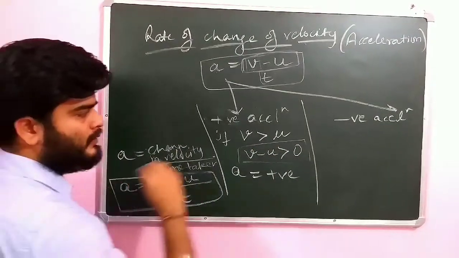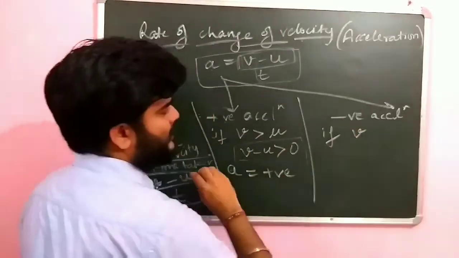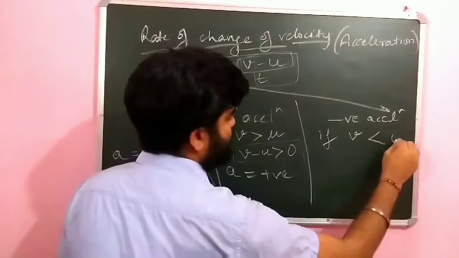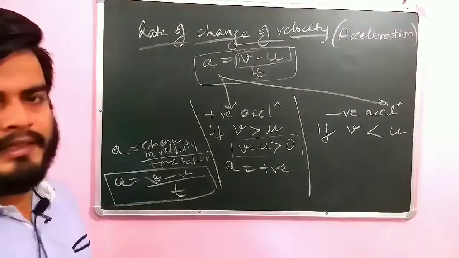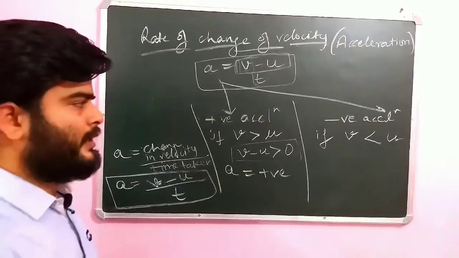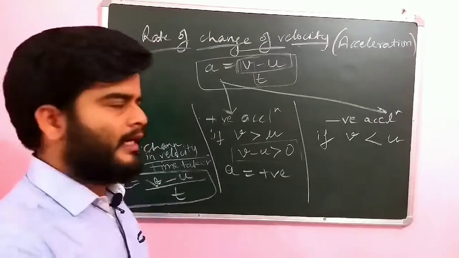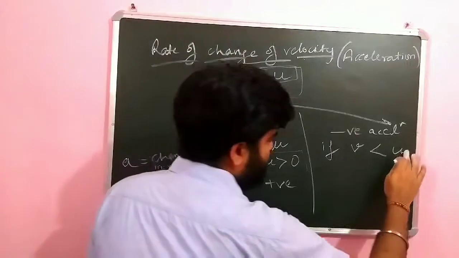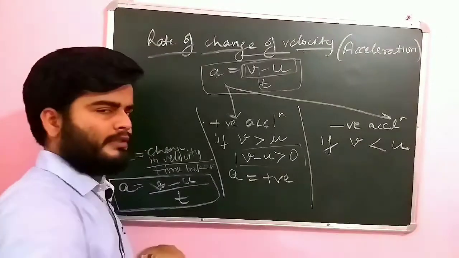And if v is less than u, it means, like when we apply brakes, a car is moving at a speed of, let's say, 60 kilometers per hour, and we apply the brakes and it reduces its speed from 60 kilometers per hour to 30 kilometers per hour.